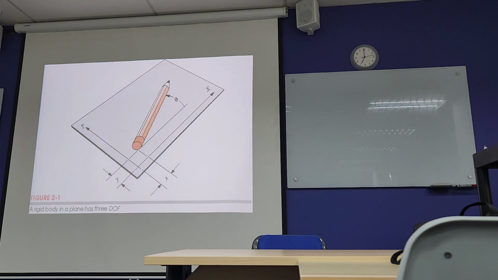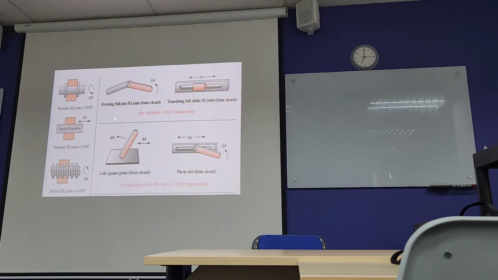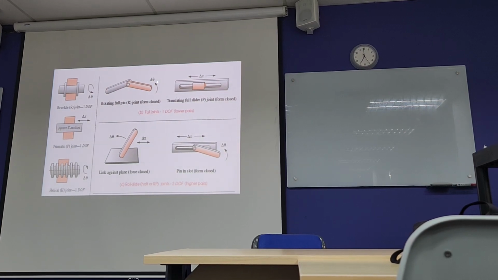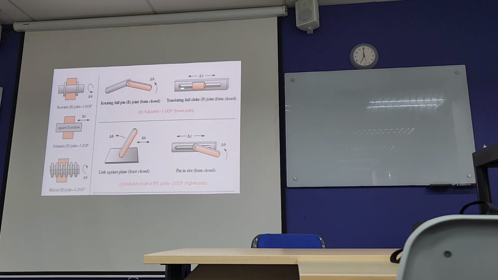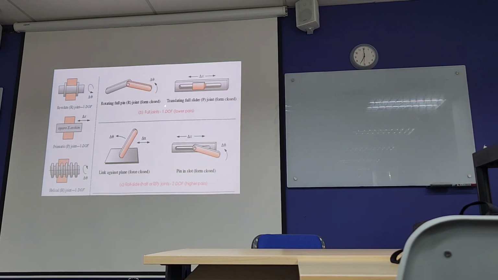For example, here you see a rotating full pin joint, and this one is just a sliding joint. If you know the angle, that's enough to describe the motion in the pin joint, the rotational angle theta or angular displacement.